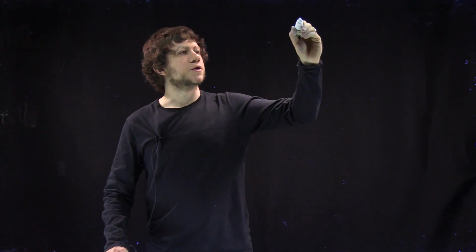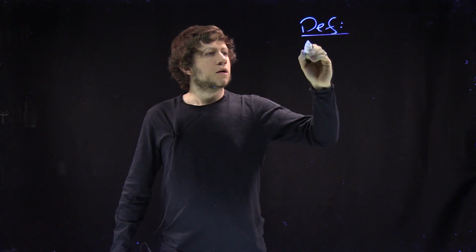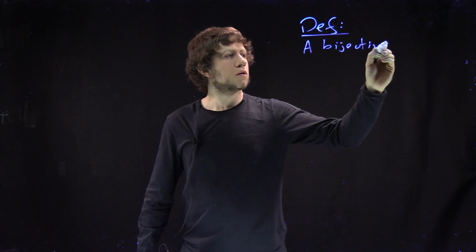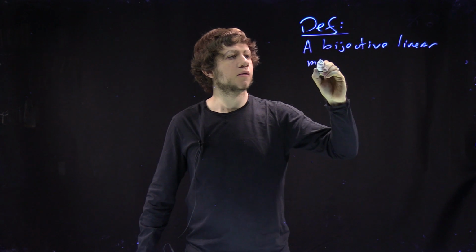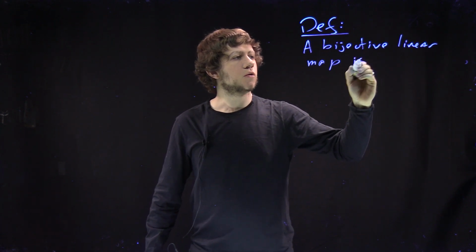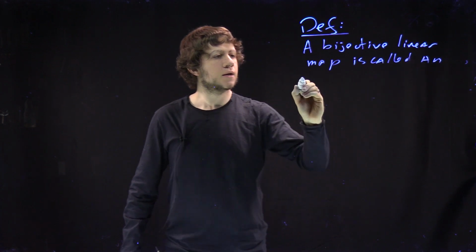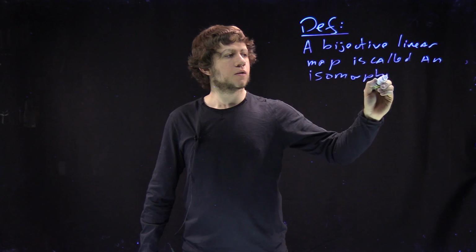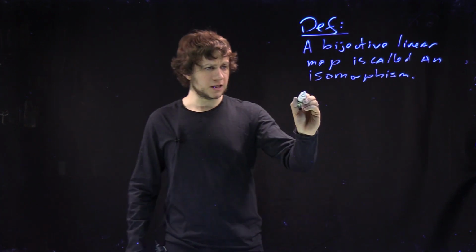So, definition. A bijective linear map is called an isomorphism. Of course, that's the same thing.